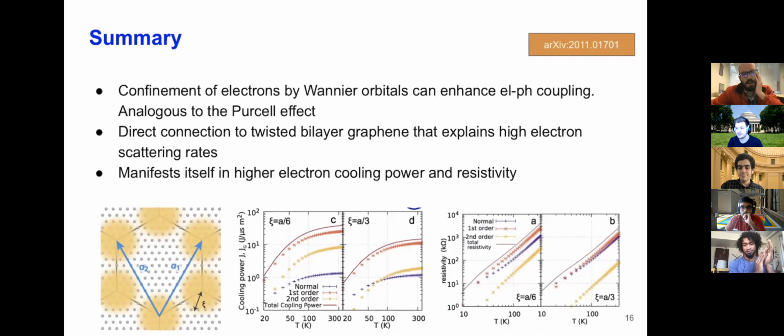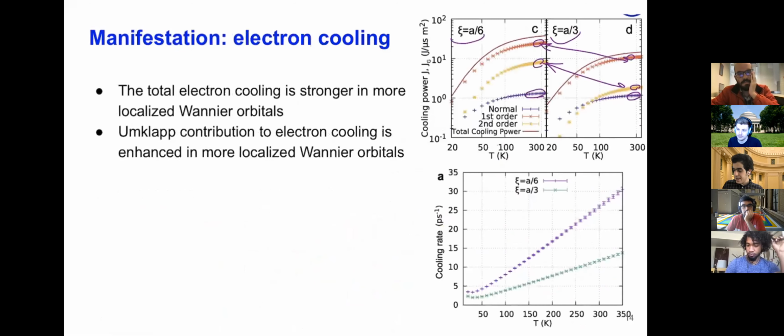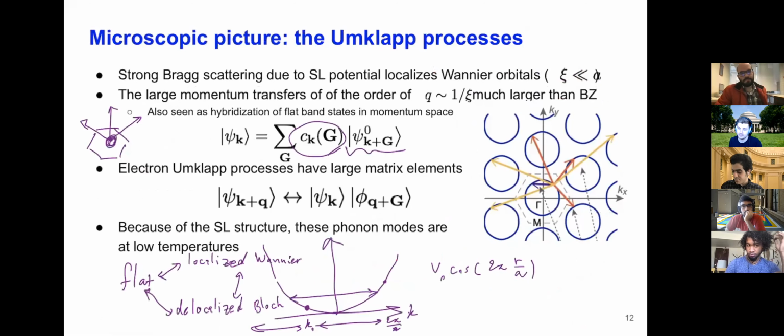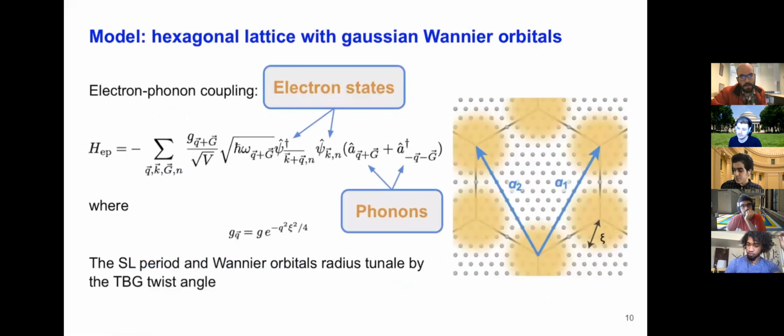So I'm wondering how much of this is a generic flat band effect. Yeah, so the model that we have obviously is not related to TBG, and that is because the title is about long period superlattices.